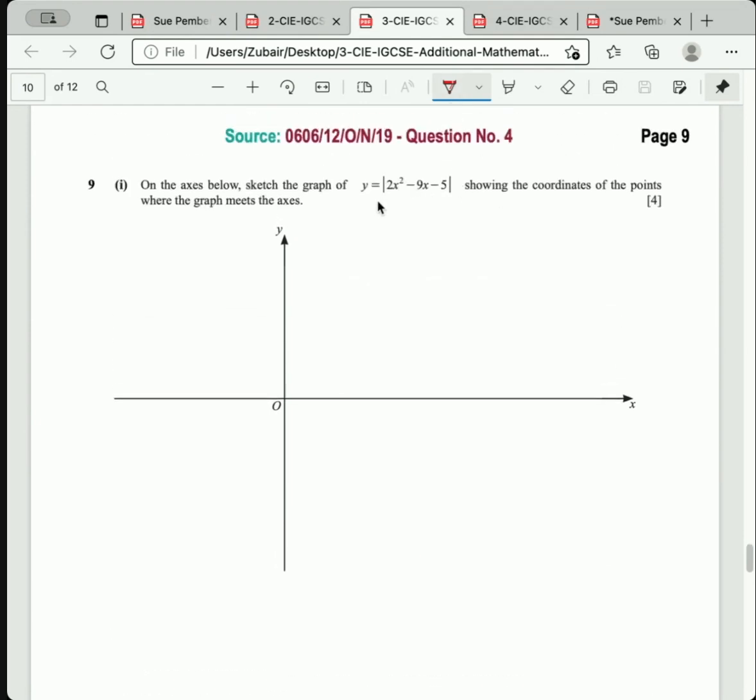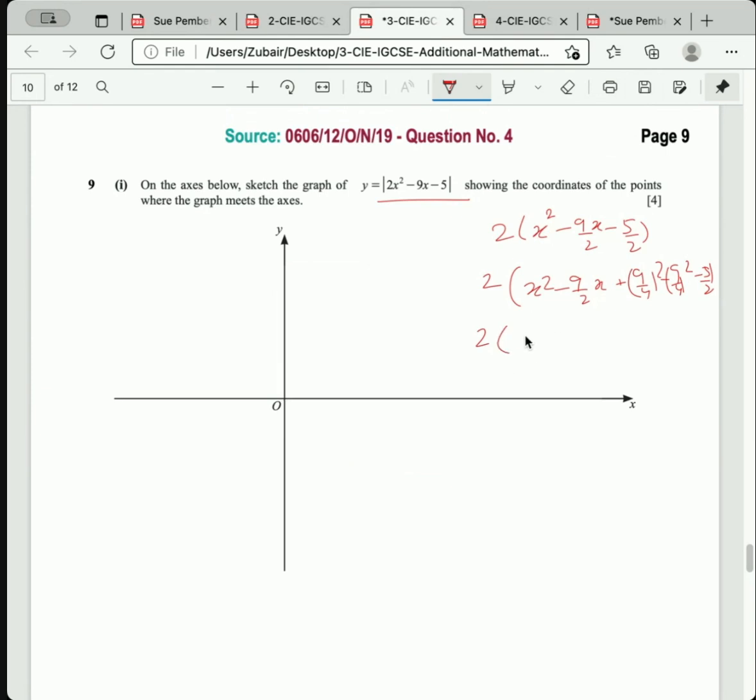I just wish to draw this correctly to have a better idea of the approach of the question. x minus 9 by 2 minus 5 by 2, where minus 9 by 2x plus 9 by 4 squared minus 9 by 4 squared minus 5 by 2.